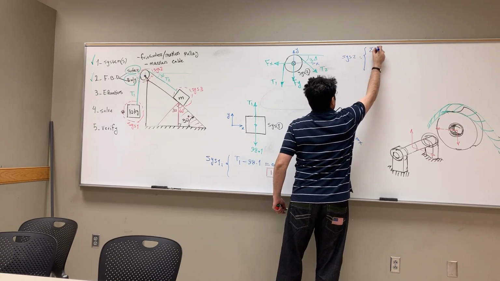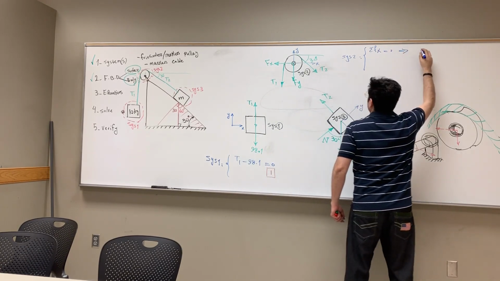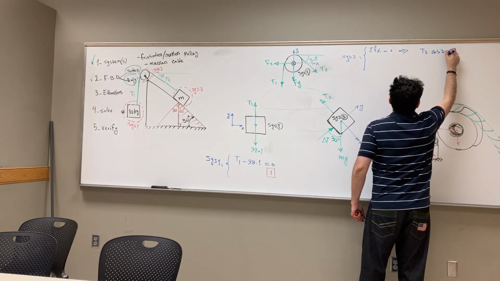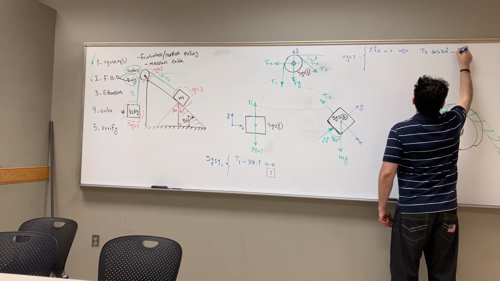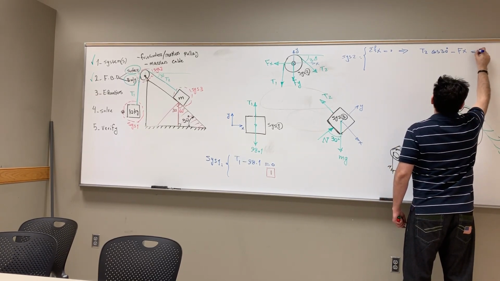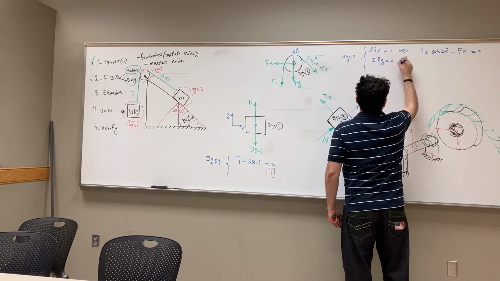Now let's go to system 2 and write the equations. Summation of force in the x component is 0. So what do I get? T2 cosine 30 negative Fx is equal to 0. Summation of force in y, 0.